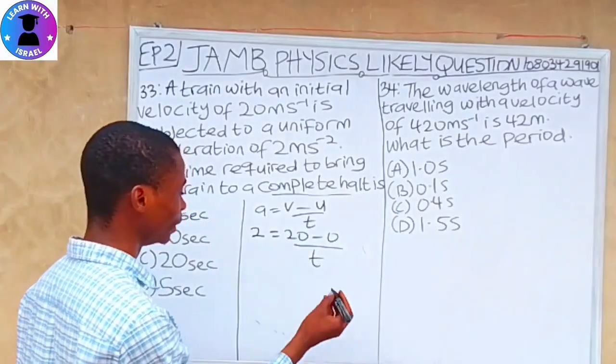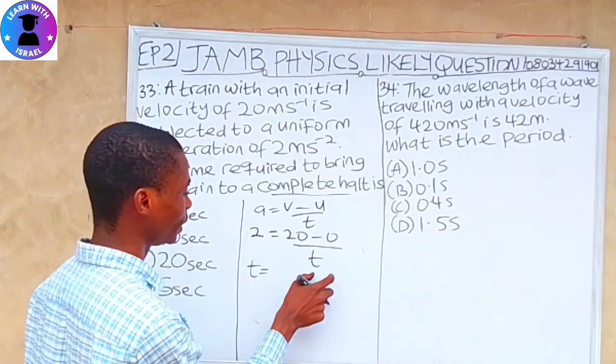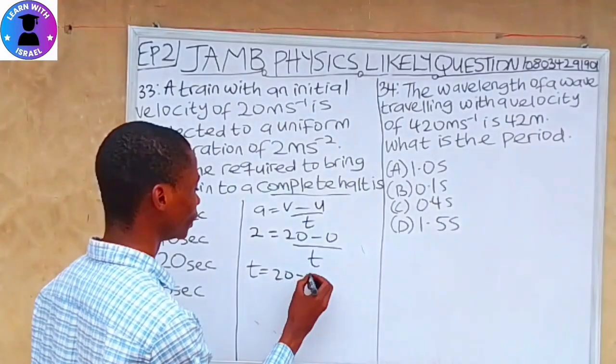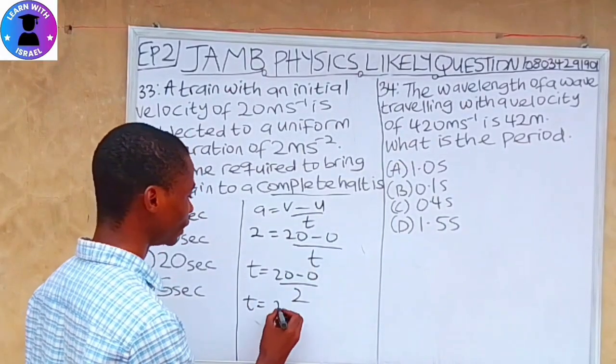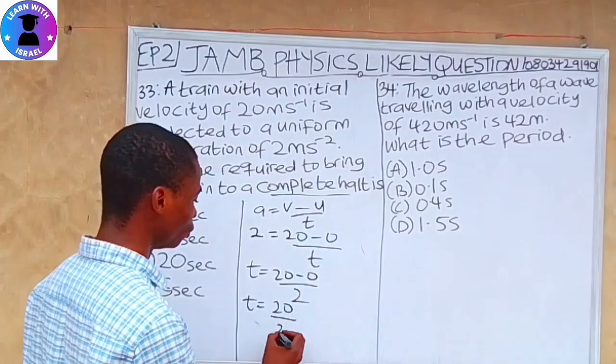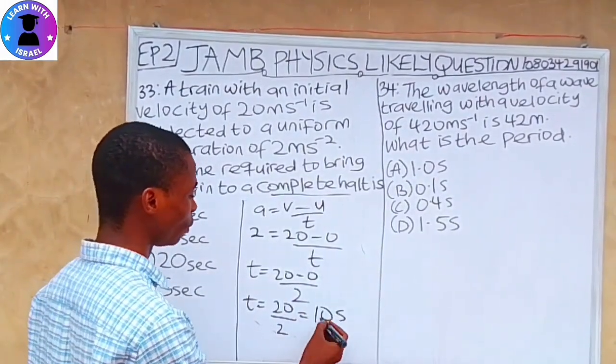So t equals (20 minus 0) over 2. So t equals 20 divided by 2, which is 10 seconds.